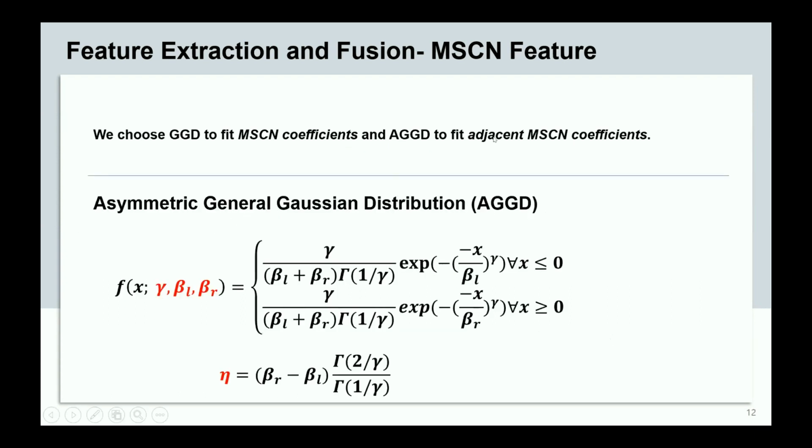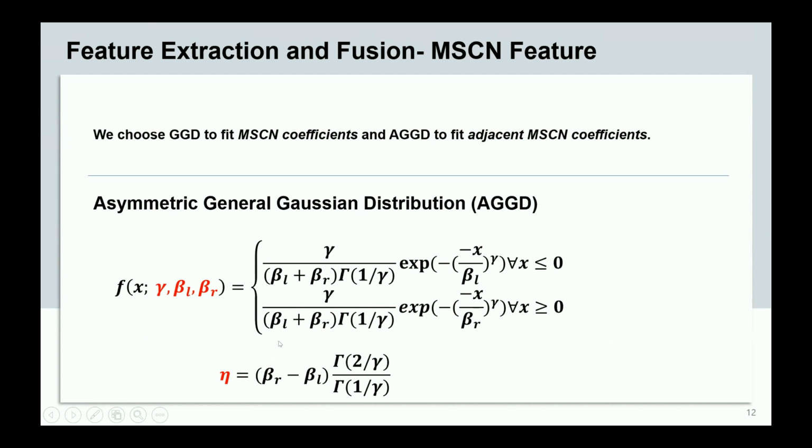After that, we found that the adjacent MSCN coefficients fit an asymmetric generalized Gaussian distribution better. And for the 3 primary parameters in AGGD, we use gamma, beta left, and beta right.